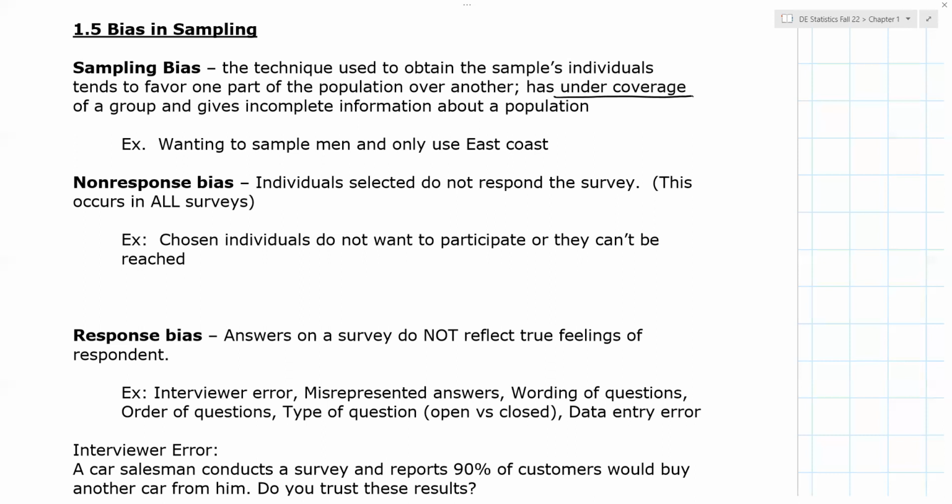If we go back to the census, where the government is trying to get information about everyone that's in America, you get a non-response bias from people who aren't willing to fill out that survey.